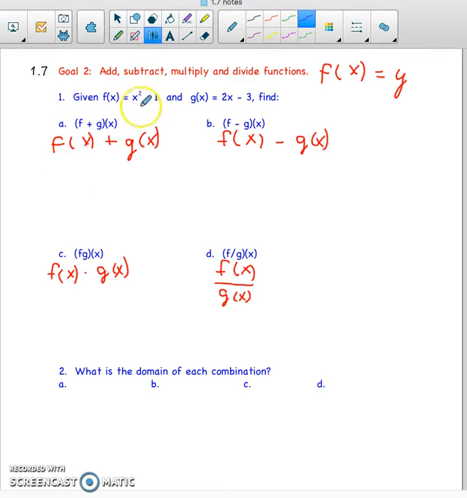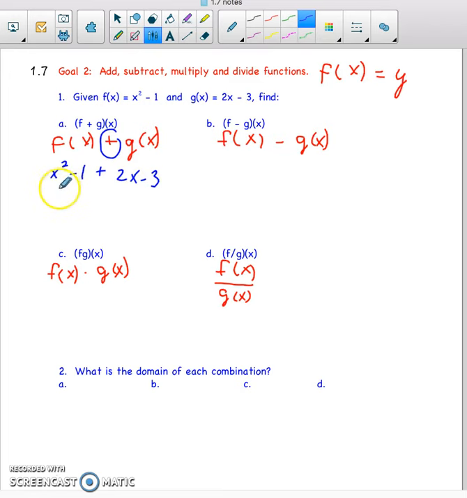In A, we'll take function f of x, x squared minus 1, and we'll add g of x to it, 2x minus 3. And you see that this is a simple problem. Always use order of operations. Remember parentheses, exponents, then multiplication and division, moving from left to right, and addition and subtraction, moving from left to right.